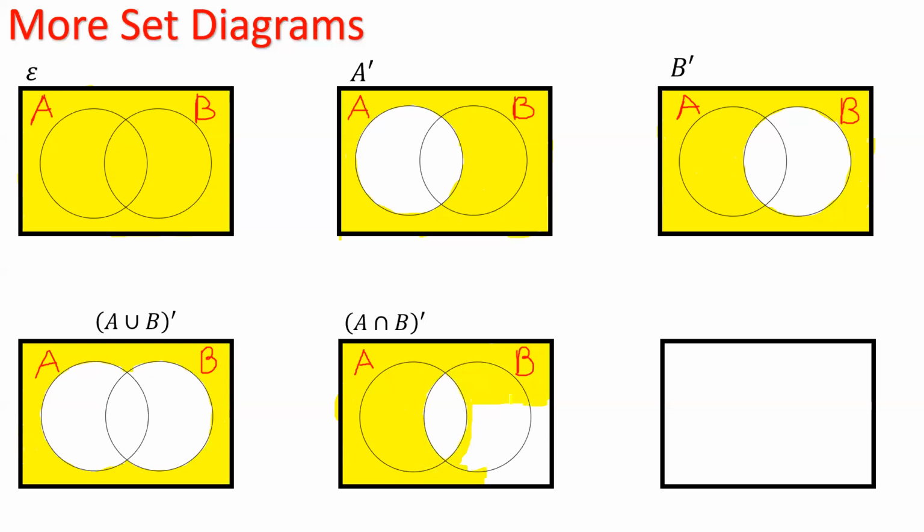So for the A intersect B complement, it's going to be A and B, but we do not include the middle. We include everything else except for the middle part.